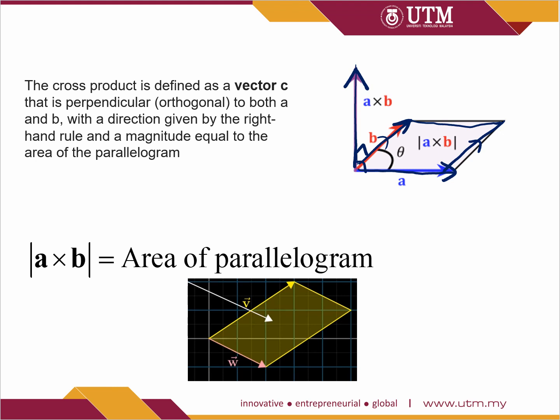So in order to find the area of the parallelogram, the formula is the magnitude of A cross B, meaning you have to find A cross B first, and then find its magnitude.